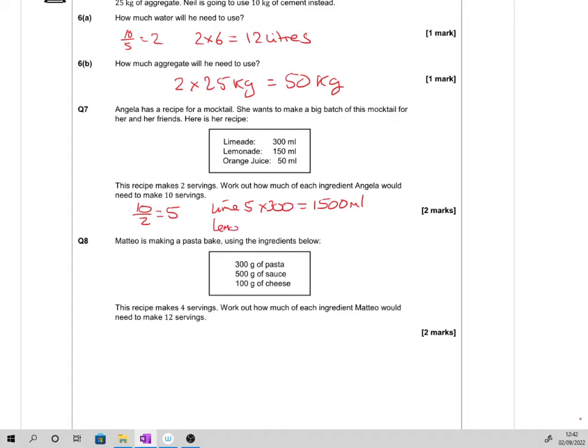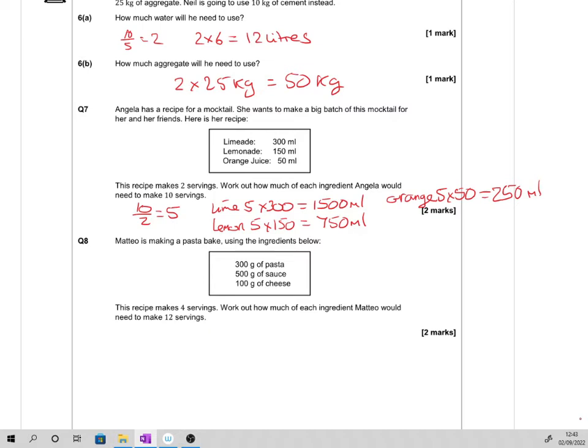The lemon is 5 times 150, which is 750 ml. And the orange is 5 times 50, which equals 250 milliliters.